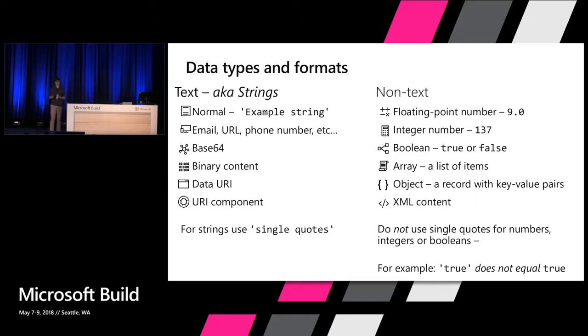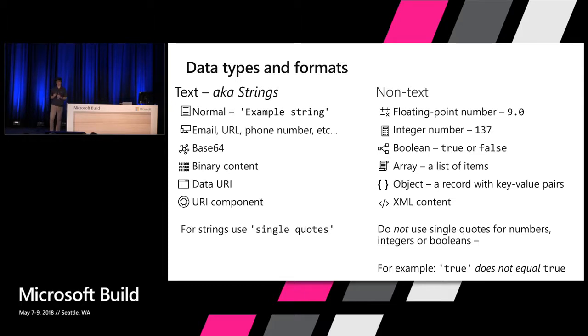In addition to the non-textual types, we also support a variety of different encodings for strings. So if you have an API that returns a base64 object or something that's been URI encoded, you can parse and handle that inside of Flow as well. Finally, whenever we use strings inside expressions, and you'll see this in a second, you need to use single quotes to wrap that string.